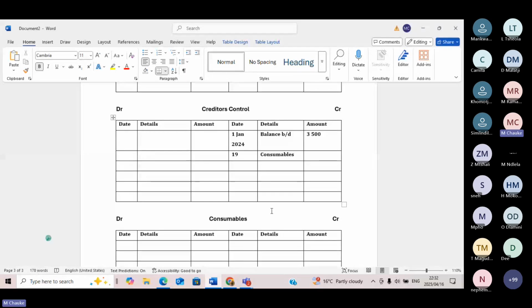We already minus the 5% like that. Anyone who can help me quickly? 6,840. Is everyone getting that? Others, just to double check. Yes. Okay, that is the amount less 5%. And then we go to the consumables account, right? Consumables, we say 19 Jan.